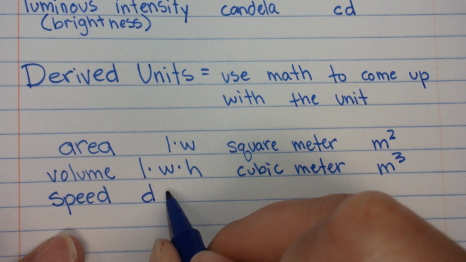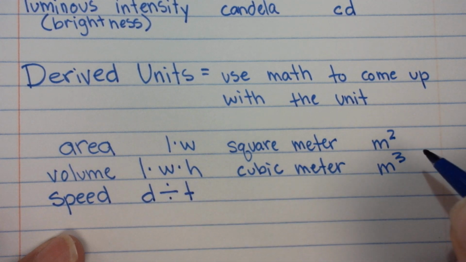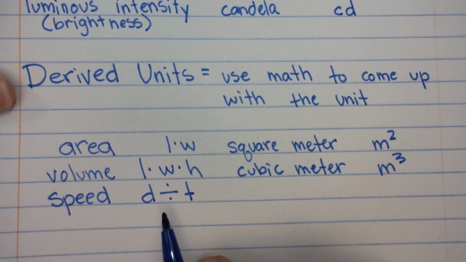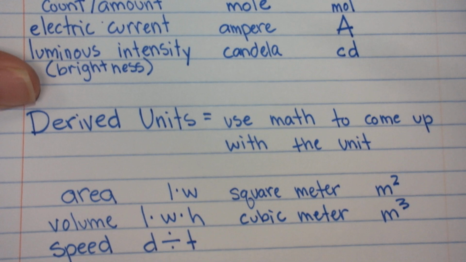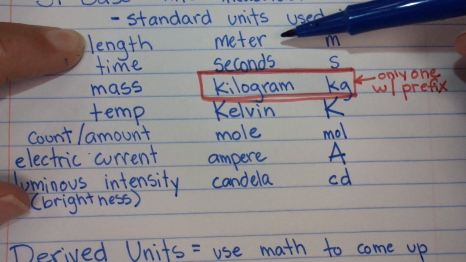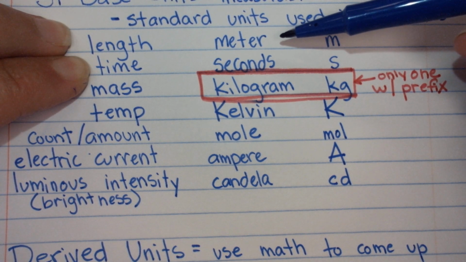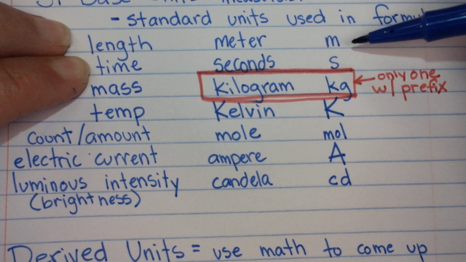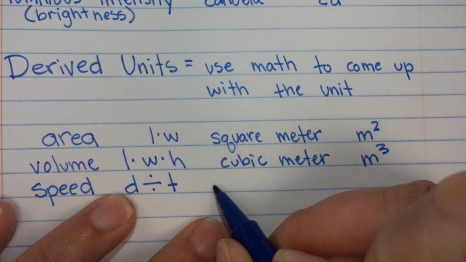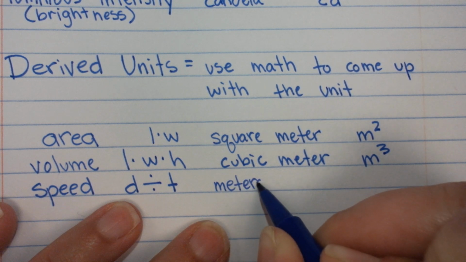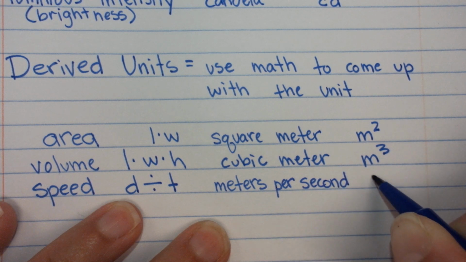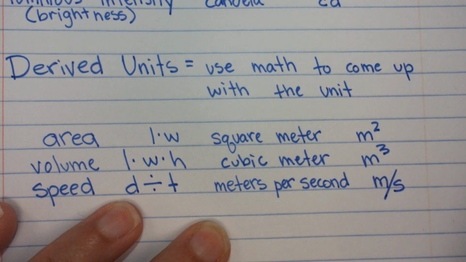So distance divided by time. Now, we use miles per hour because we live in America. But when we come back to our base units, distance is a length, and so our derived unit is going to be meters per second. So let's make note of that.